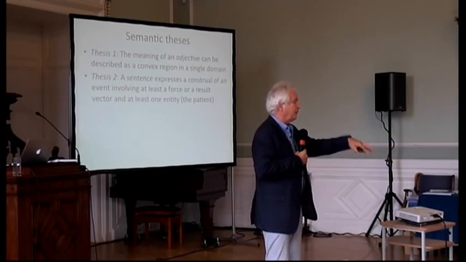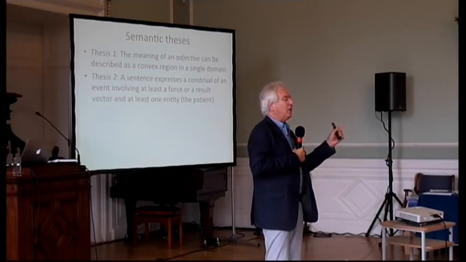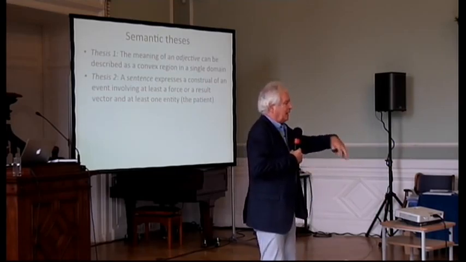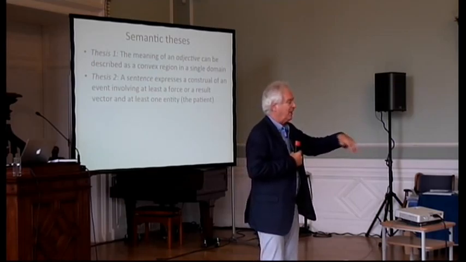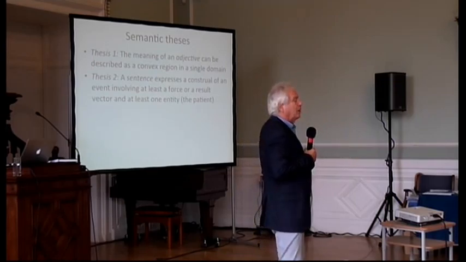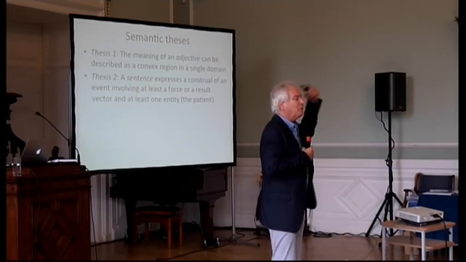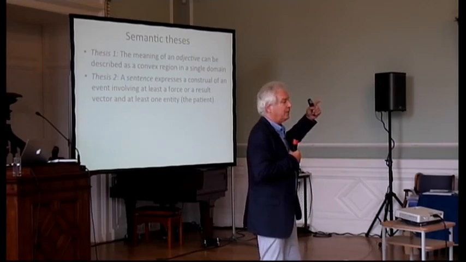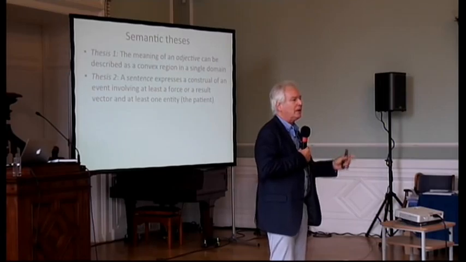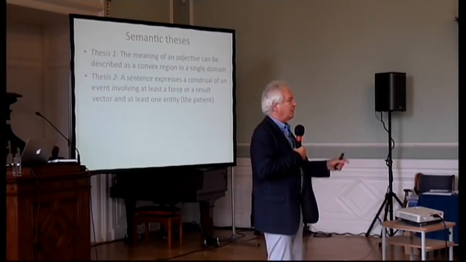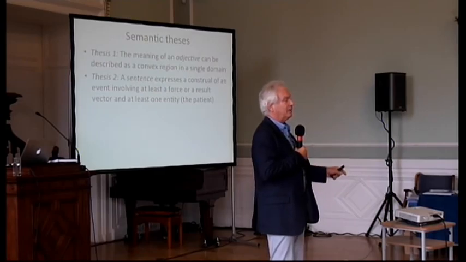I mean, you can either take the force vector or the result vector, and it happens to something. So the minimal part of a sentence is an object involved in some kind of vector change. An event description is very complicated, a total event construct. But we have mental construals of events. And my hypothesis, or my starting assumption here, is that the construal minimally contains one object and one vector. And the object then corresponds to the noun phrase and the vector then to the verb phrase.